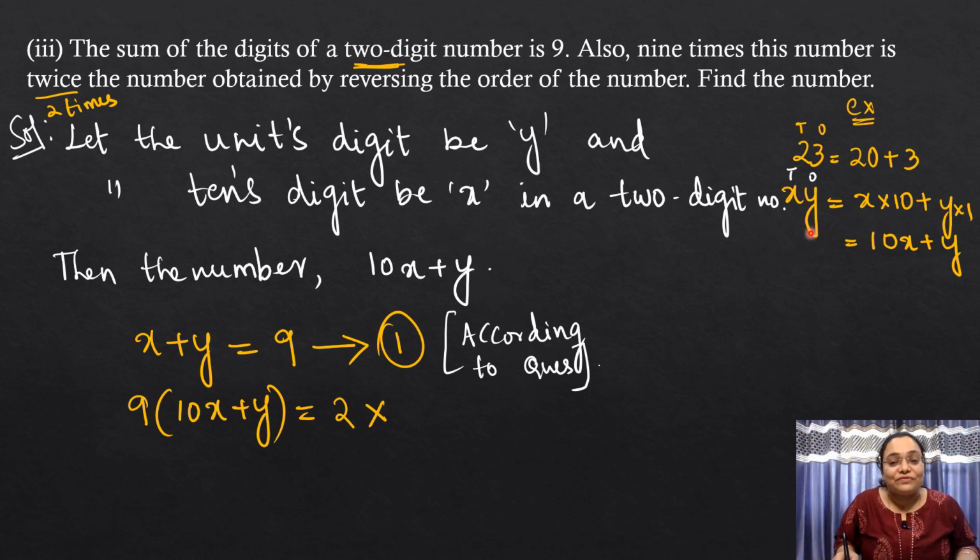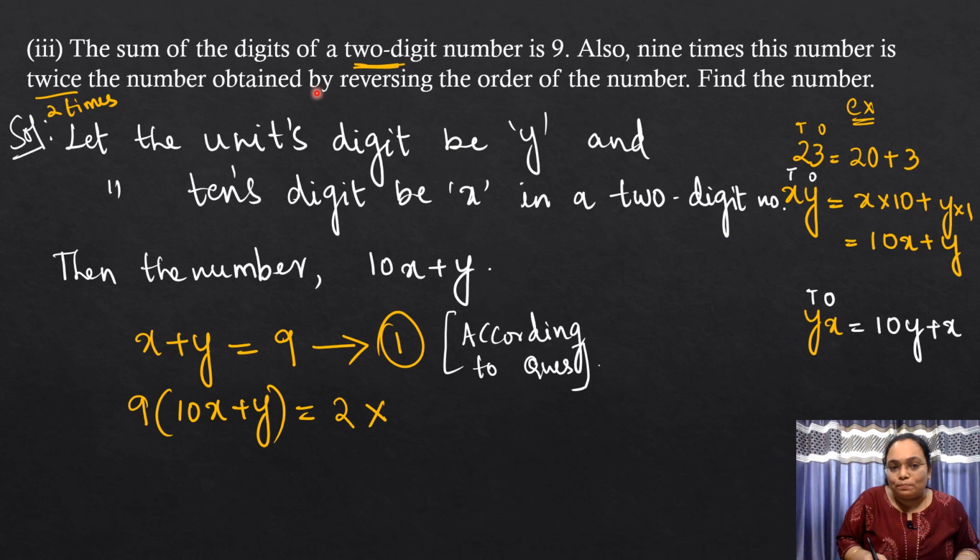So, how will you reverse the order of the number? If it is xy, you will take y and x. Okay, you will reverse the order. That is, now the tens place will be y and ones place will be x. From here, the number you will get is 10y plus x.